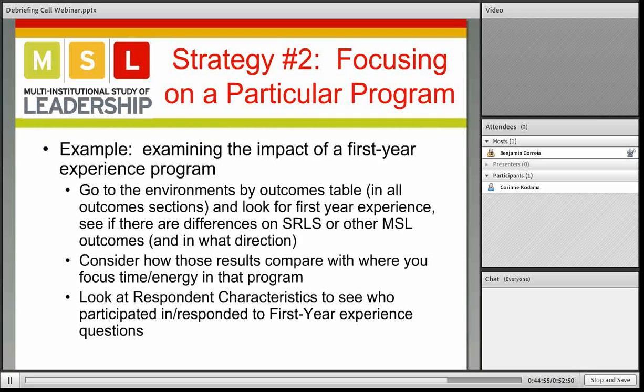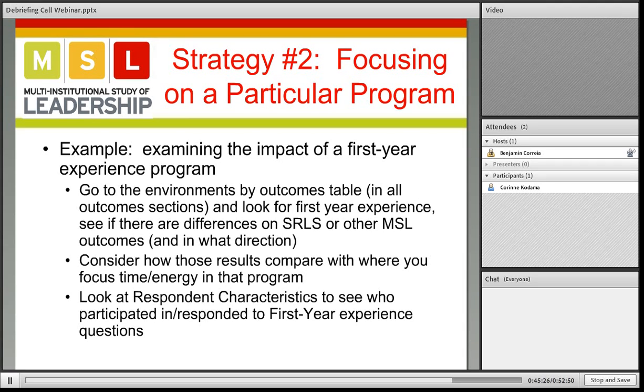The second strategy is, say you're focusing on a particular program, say a first year experience. You can go to the environments by outcome tables in all the outcome sections and look for the first year experience line and see if participation in a first year experience results in any significant differences on the SRLS outcomes or the other MSL outcomes, and in what direction.